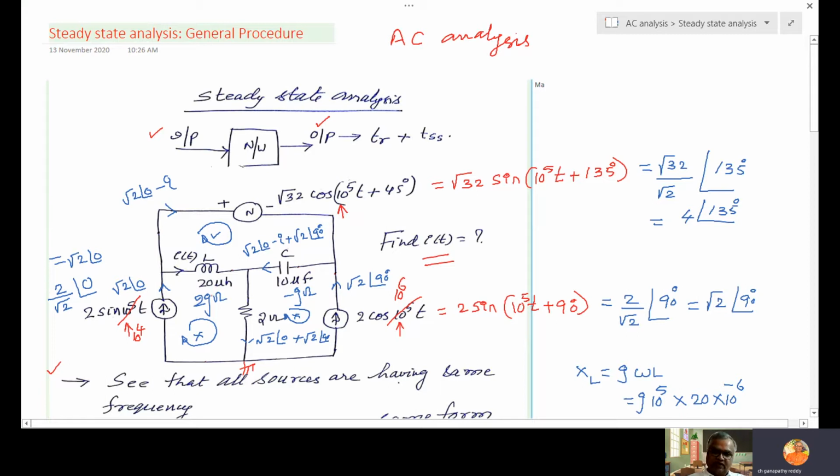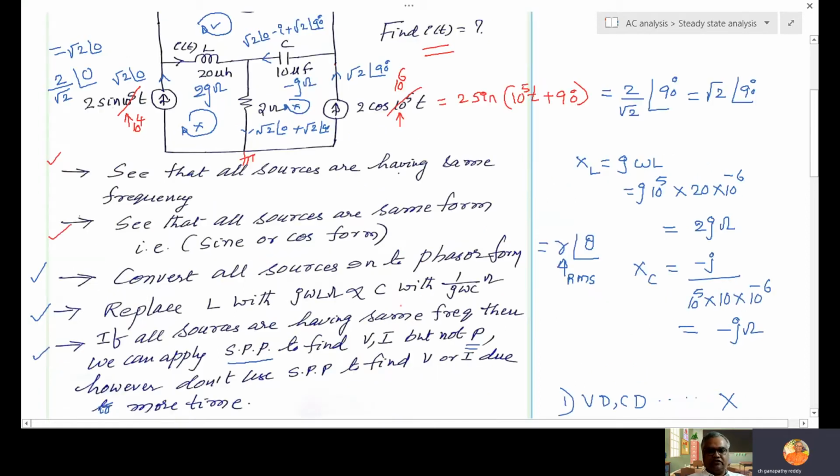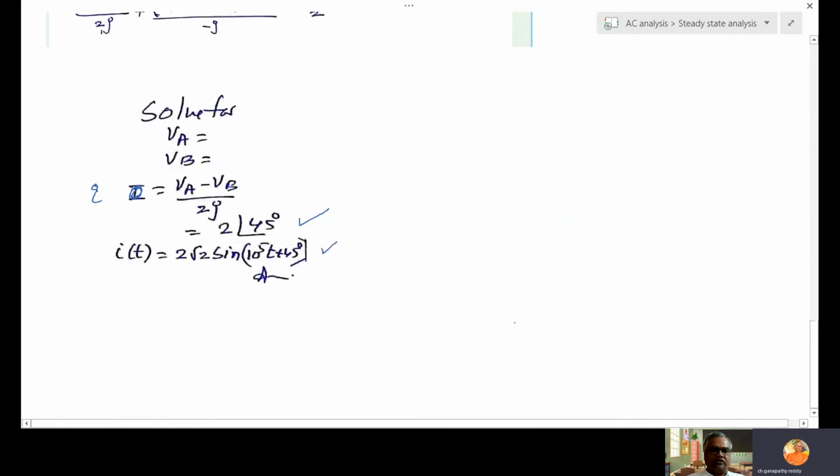Then again recalculate inductive reactance and capacitive reactance with the frequency of 10^6 and find I3. So I is equal to I1 plus I2 plus I3.